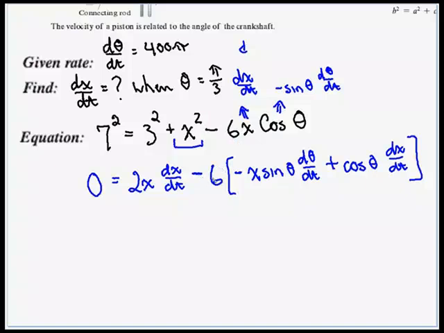And don't forget we do have this minus 6 out here. We can distribute that right now.